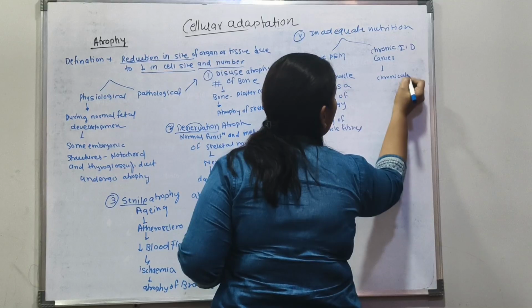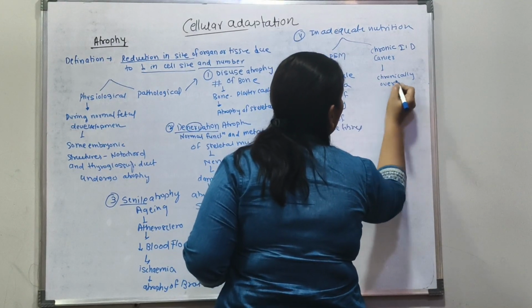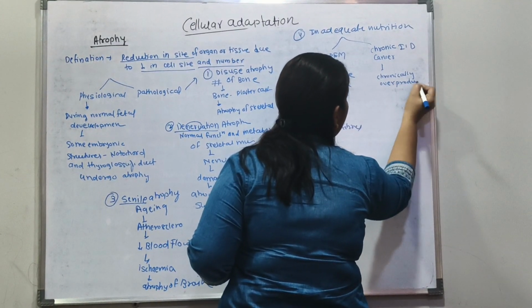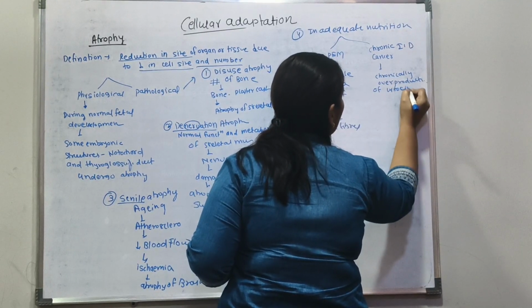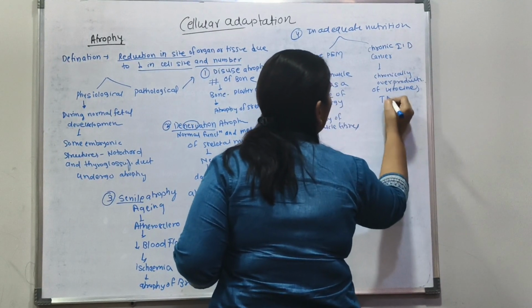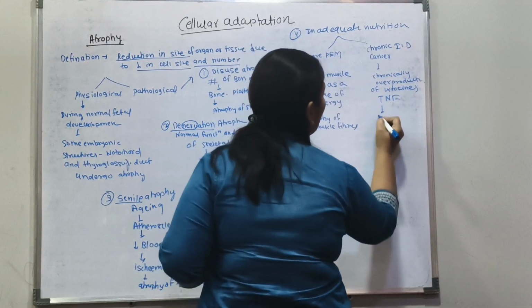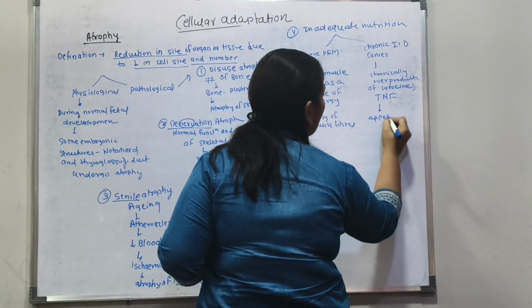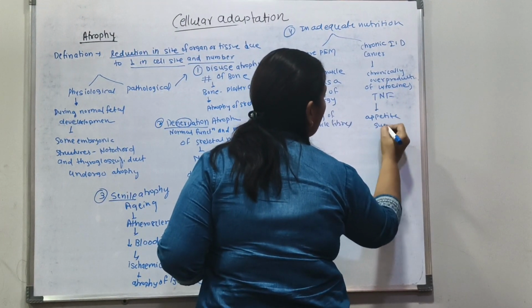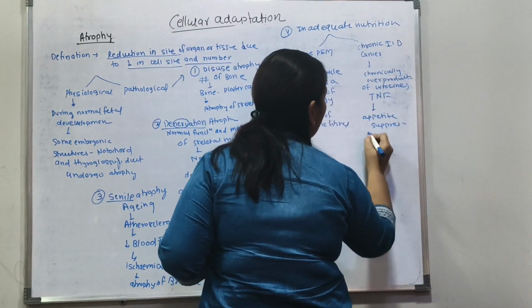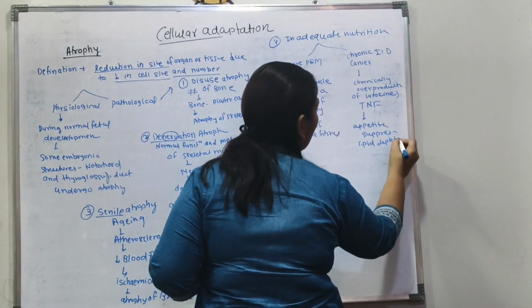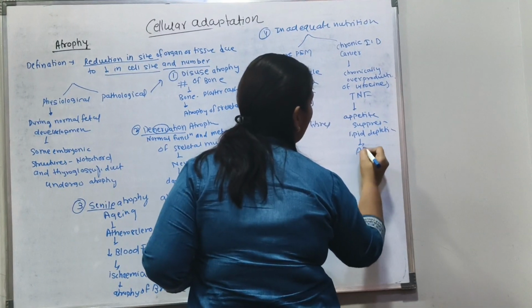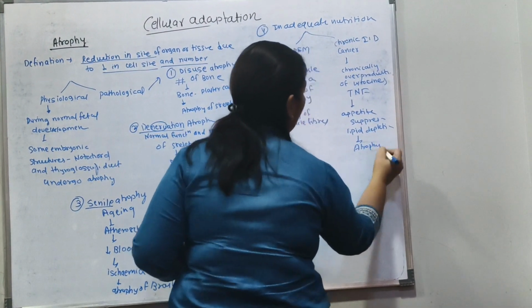Second, whenever there is any chronic inflammatory disorder or a cancer-like condition, there is chronic overproduction of cytokine, that is tumor necrosis factor, which causes appetite suppression and lipid depletion that leads to atrophy.